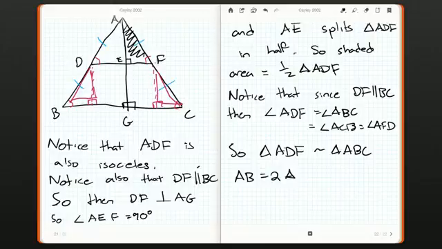AB is twice AD. And so that means that AC is going to be twice AF. And BC is twice DF.